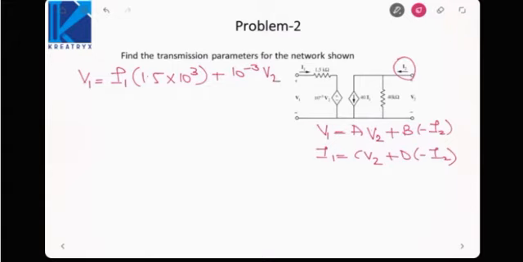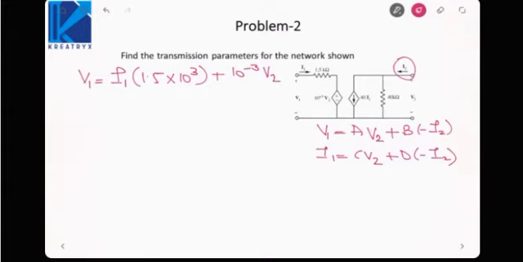So this way we can calculate I1 from here. First we will have to collect the coefficient of V2. The coefficient of V2 will be 10 raised power minus 3 approximately. So this equation will come out to be 6.25 into 10 raised power minus 7 V2 minus 25 into 10 raised power minus 3 I2. So that will be the parameter C and this parameter will be D. So that is how we can calculate the transmission parameters for this circuit.